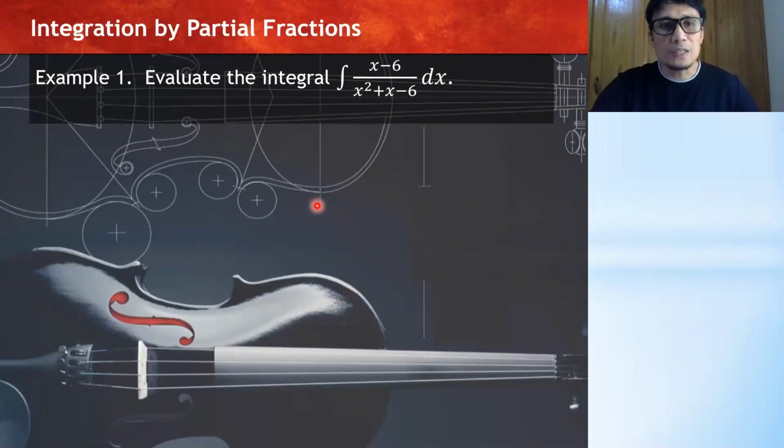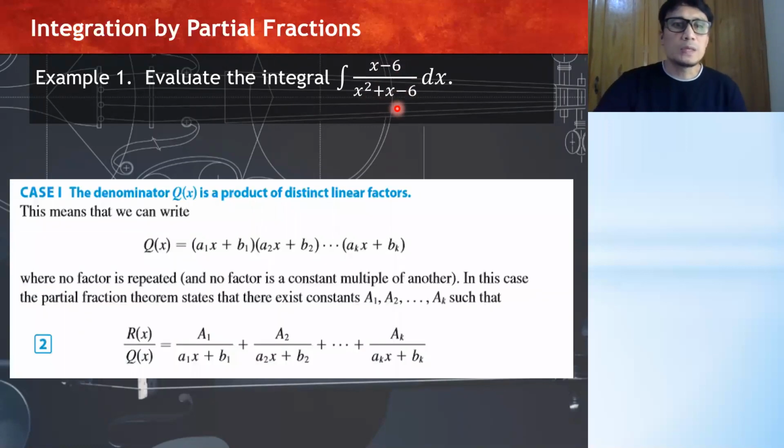The first step in evaluating this integral is to express this as a sum of partial fractions, by using the method that we've shown from case 1. So yeah, this is actually your case 1. It is of that form because your q of x is factorable and the factors are linear.